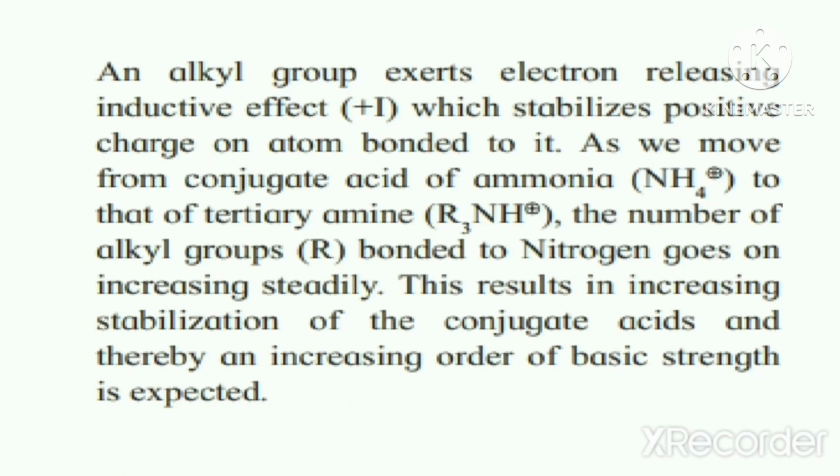An alkyl group exerts an electron releasing inductive effect, which I have already discussed. The positive inductive effect stabilizes the positive charge on the atom bonded to it. As we move from ammonia to tertiary amine, the number of alkyl groups bonded to nitrogen goes on increasing steadily. This results in increasing stabilization of the conjugate acid, and thereby an increasing order of basic strength is expected.